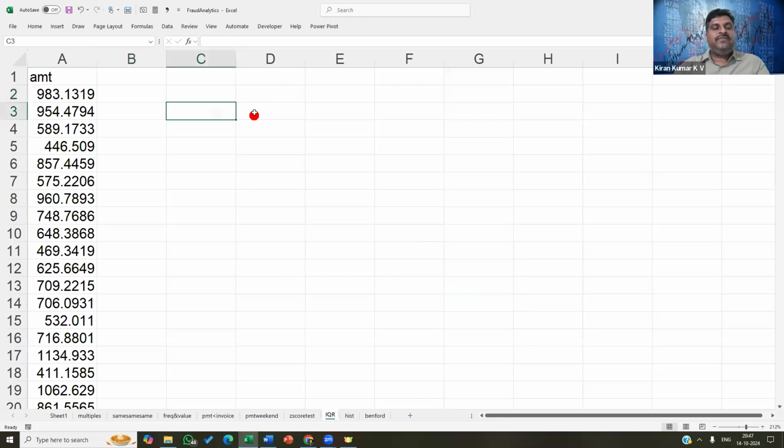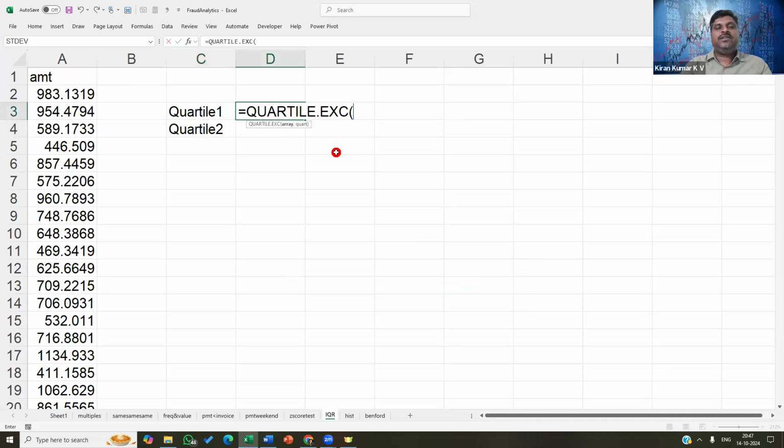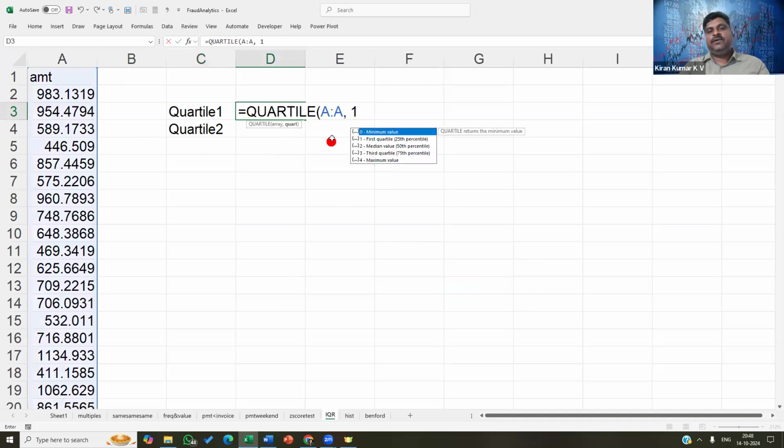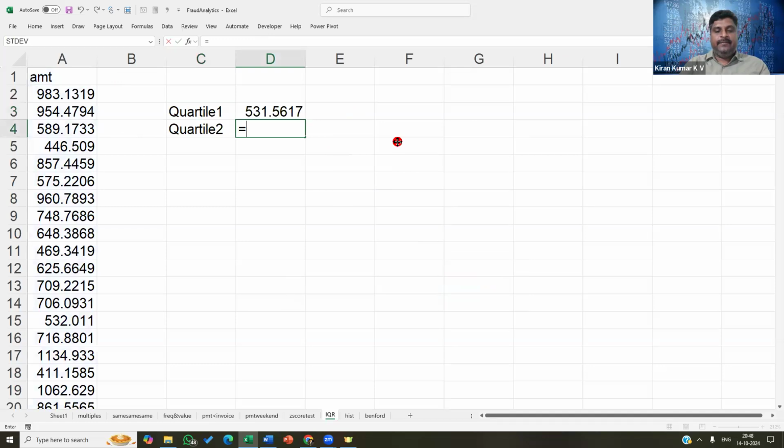So firstly, let me calculate the quartile 1 of the data. Then I will calculate the quartile 3. How do we do that? Excel gives you a function called QUARTILE. Give the data and type 1 because you want the first quartile, the 25th percentile. Similarly, use the function QUARTILE, give the data and give 3 to get the third quartile.